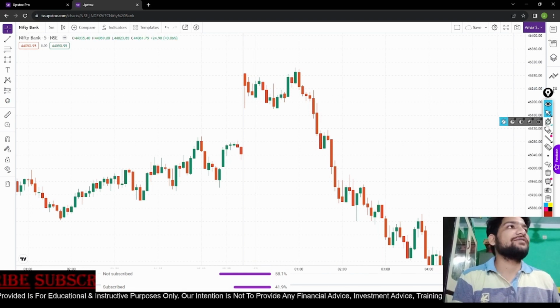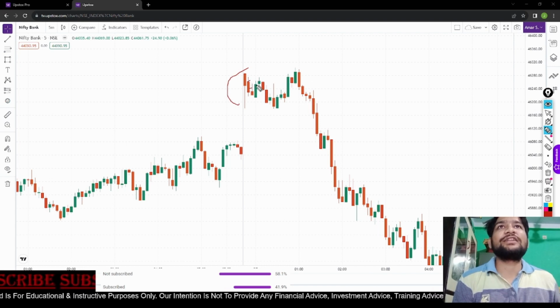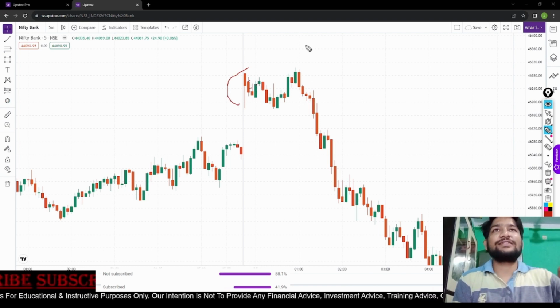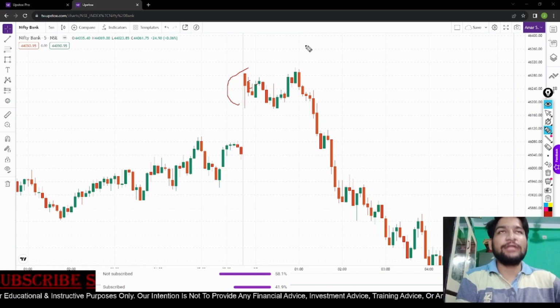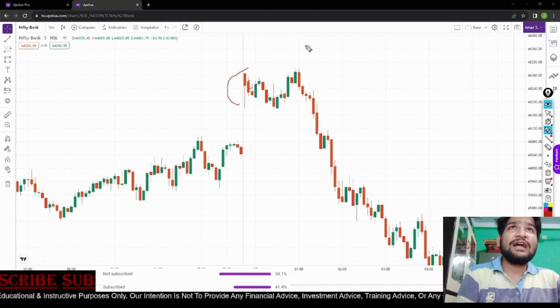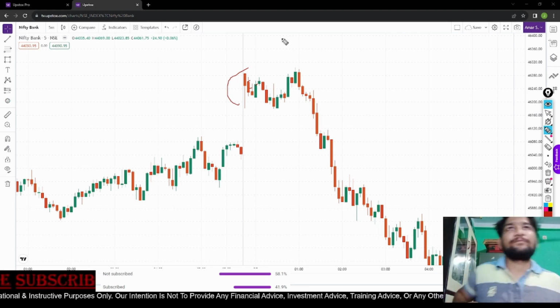Like this is the hanging man candle, and 1, 2 and 3. If these three candles break the low, then only we will enter, otherwise we will not enter in the market and wait for another setup.